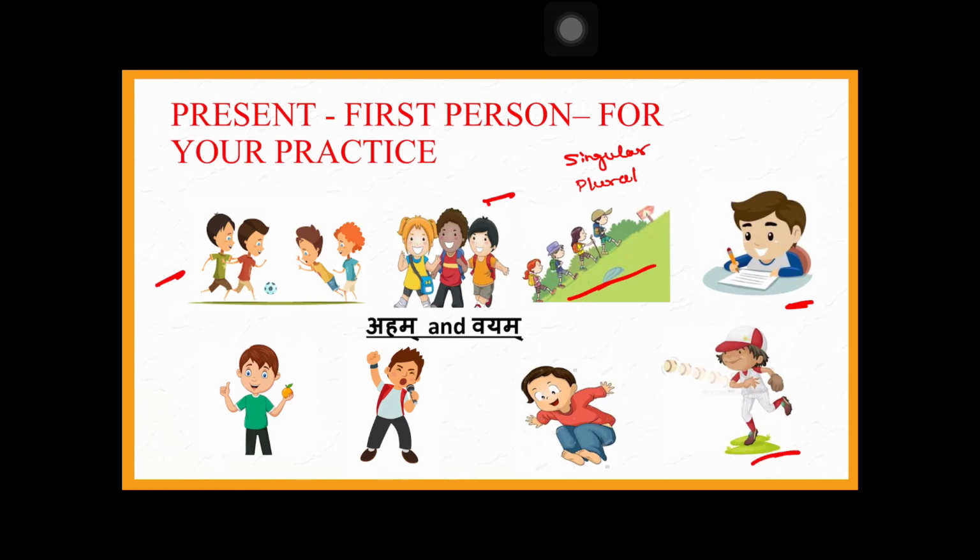This is how you know how to use singular and plural. Then what they are doing, you can see. The action can be seen in those pictures, right? The tense is present, you know that. And the Purusha is Uttama Purusha, which means first person, you know this also. The only thing is that you need to find the verbs and make the sentences.